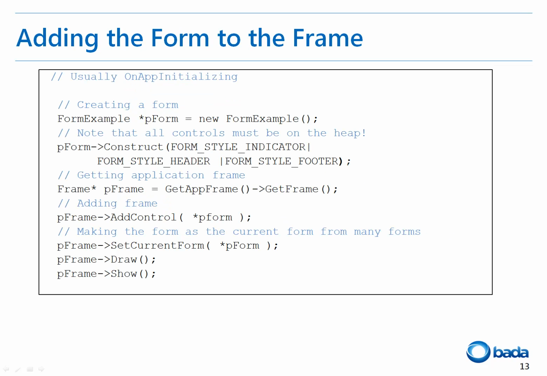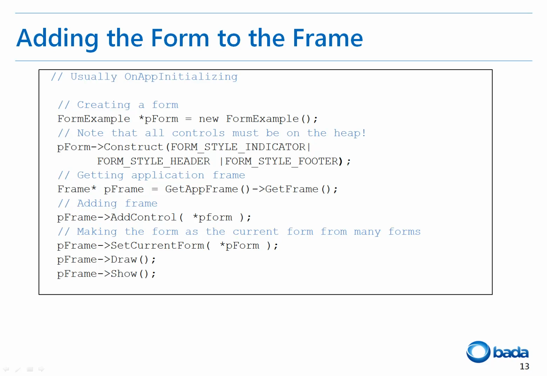To make the form visible, we must add the form to the frame. To add this form to the frame, we've created and constructed a form and set this form as the current form in the onAppInitializing function. This part is generally created automatically if you create an application using the application template.